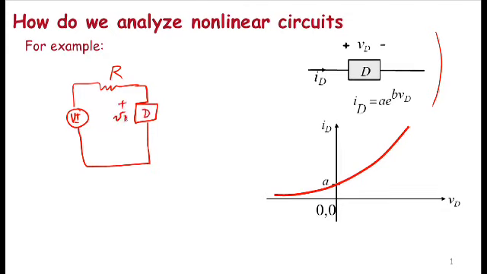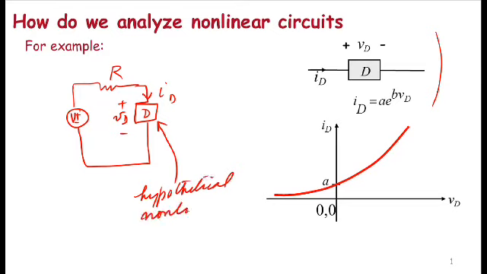VD is the voltage across the device and ID is the current that flows through it. So this device here is none other than my hypothetical expo-dweeb. Let's take a look at how we might analyze a circuit like this.